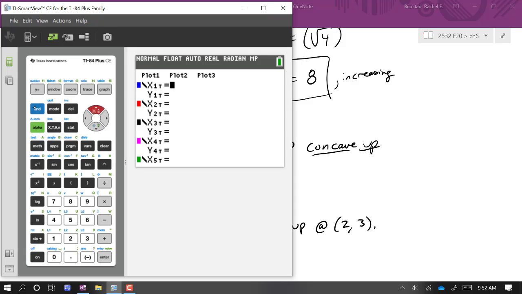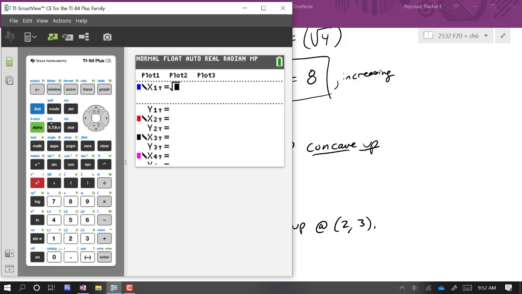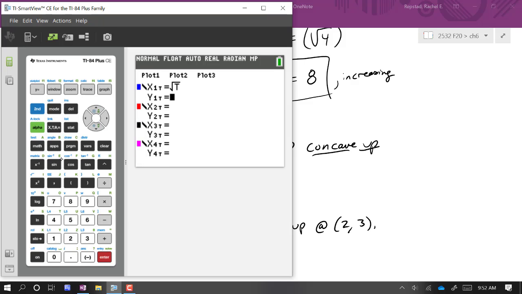X1T is the square root of t. When we do this, I hit my variable button, which is usually an x button, but now that it's in parametric mode, automatically changes that to a t. And Y1 is 1/4 times t squared minus 4.